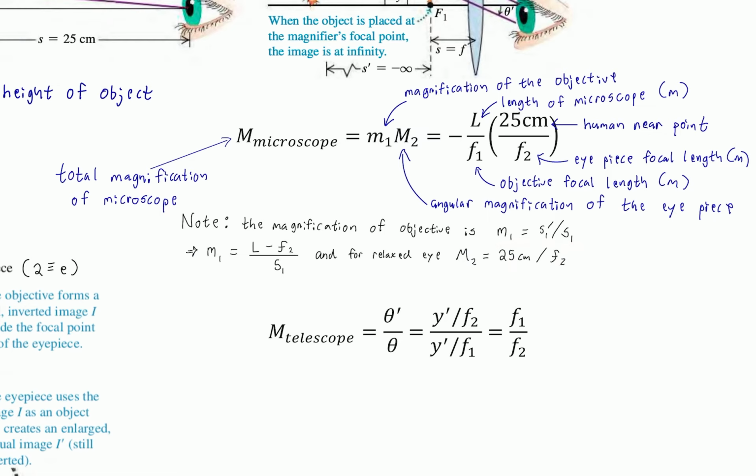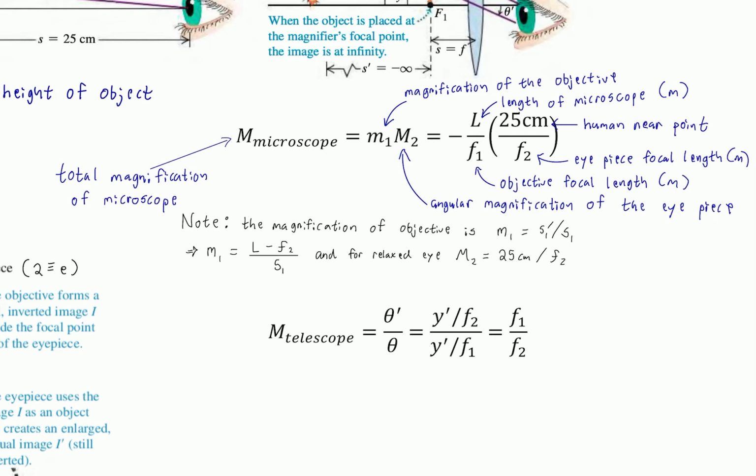And then that means I can rewrite this in terms of L and F2. Why is that? Well, because I'm saying here that S1 prime is going to be equal to L minus F2, because I'm forming the image from the objective at the focal length of the eyepiece.